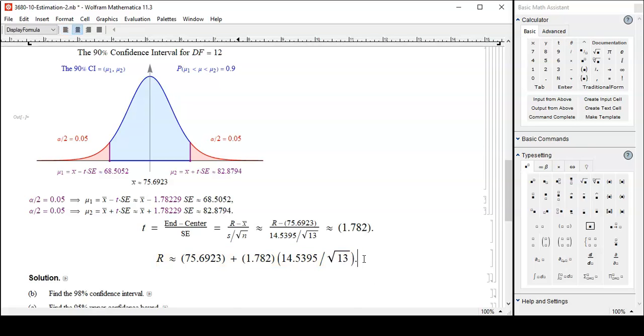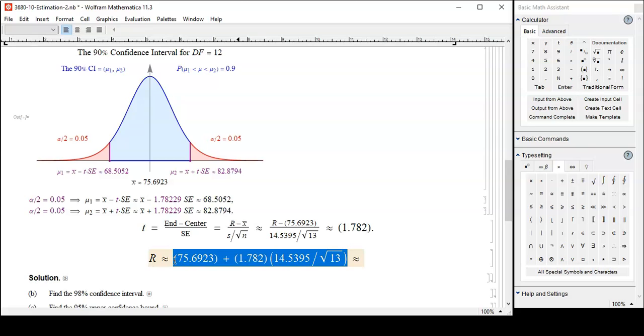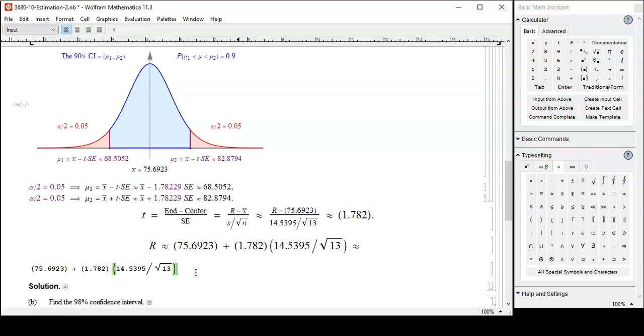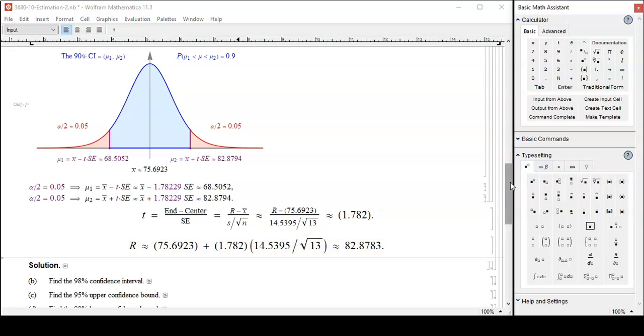There you go. And if you calculate this, you're going to get your right-hand side endpoint value. Let's see. 82.8783. All right. That is the right-hand side endpoint of this confidence interval.